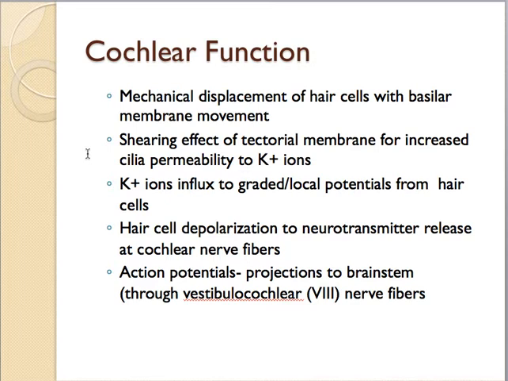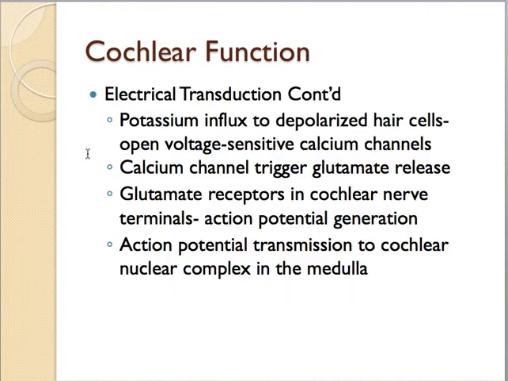And glutamate is going to be released, and it's going to bind to a glutamate receptor on these cochlear nerve fibers, these afferent fibers. And this is what's going to activate your action potential on these cochlear nerve fiber afferents. Okay, and then this action potential is going to project to the brain stem, and it's via this vestibulocochlear nerve fiber.